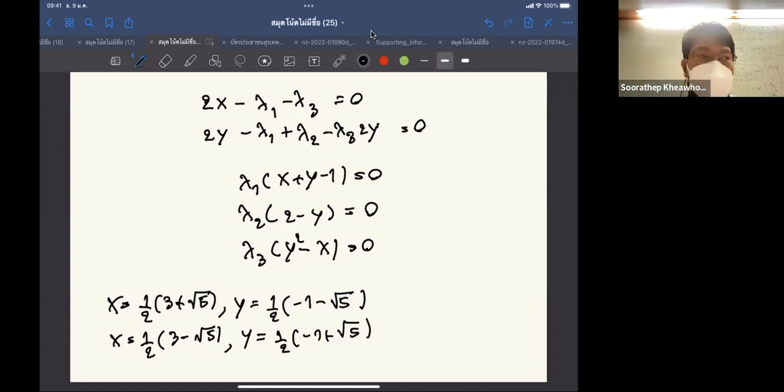Also take some time to practice and solve it, because of course KKT or the Lagrange method gives you the conditions, but in order to find the solution you have to solve algebraic equations.